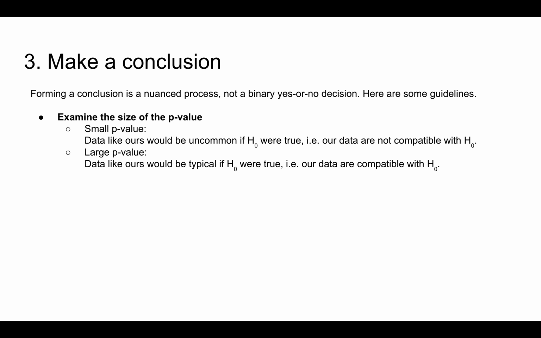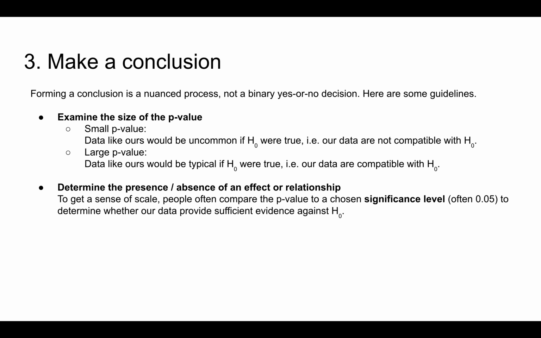Second, we can determine the presence or absence of an effect, or the presence or absence of a relationship. To get a sense of scale, people often compare the p-value to a chosen significance level, often 0.05. They do so to determine whether our data provides sufficient evidence against the null hypothesis.